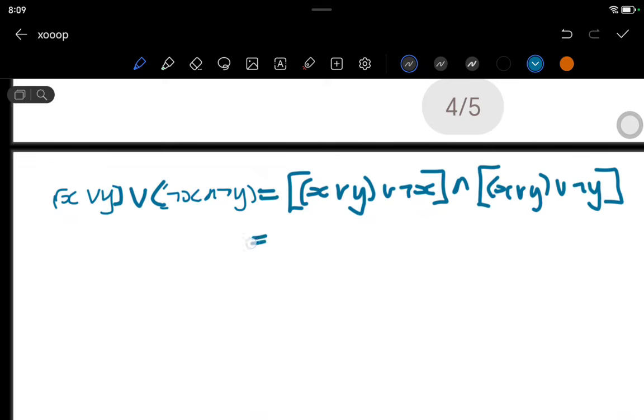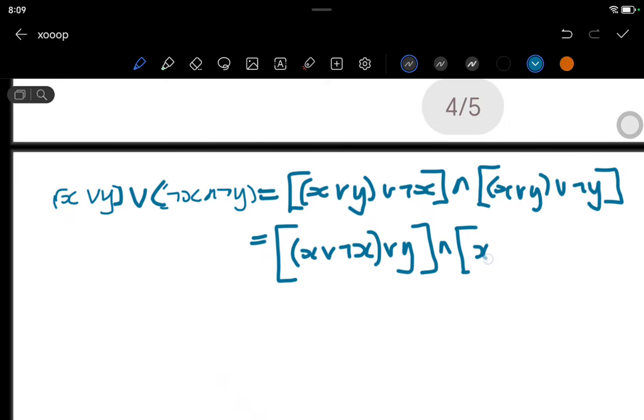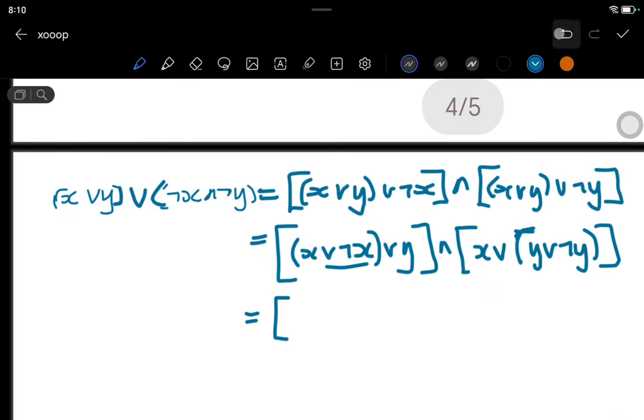Then we proceed. Here we apply commutative, X or negation of X or Y. Then here we apply associative, X or Y or negation of Y. Then here, this is 1, or Y, X, or this is also 1.